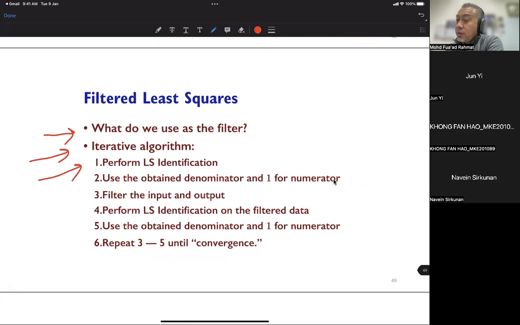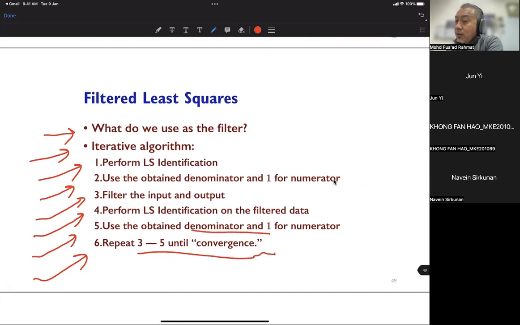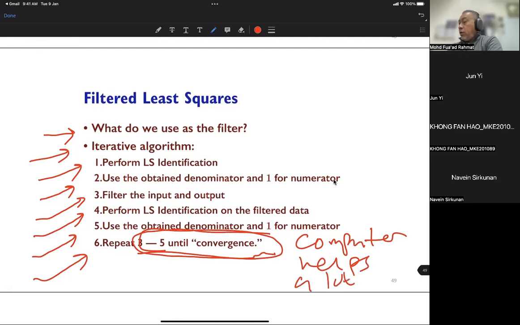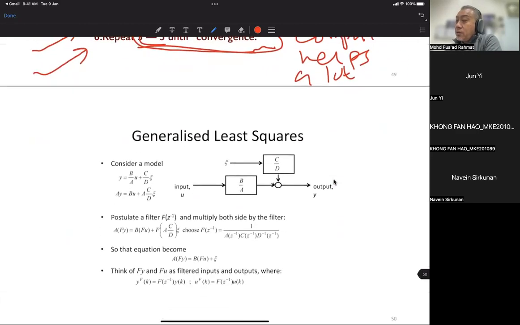Perform least square identification first, use the obtained denominator and 1 for the numerator, filter the input and output, perform least square identification on the filtered data, use the obtained denominator and 1 for the numerator, and repeat 3 until 5 until convergence. When we repeat for convergence, the computer actually helps a lot. The computer can do it for convergence.